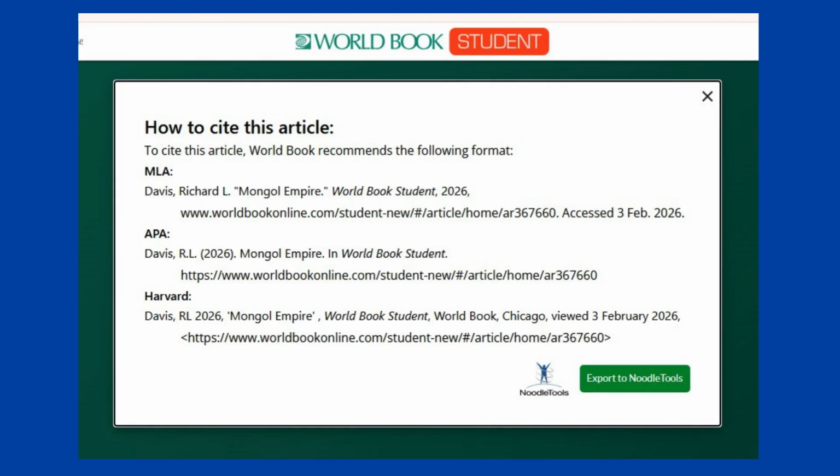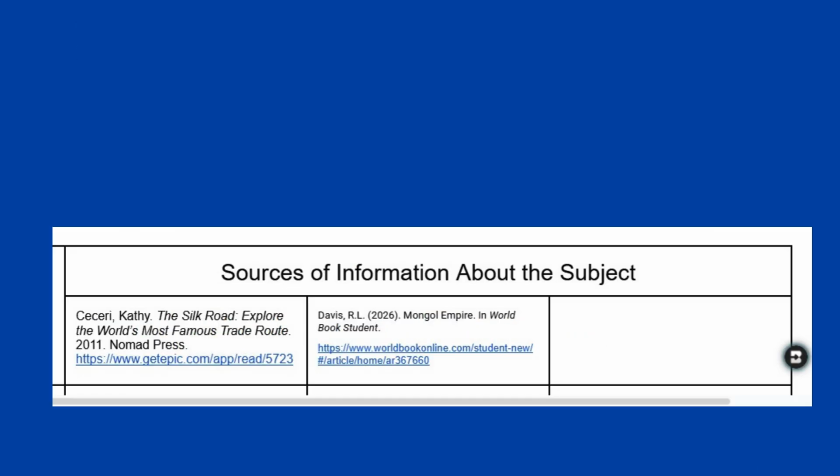Now at this point, if I want to use this citation in my bibliography to give credit for this source of information, I can select and copy one of these citations and then paste it into my bibliography. In fact, what we're going to do in terms of the gathering grid is I'm going to put this in the top row of the gathering grid in order to remind myself where I got the answers to my questions and the information that I found doing my research.